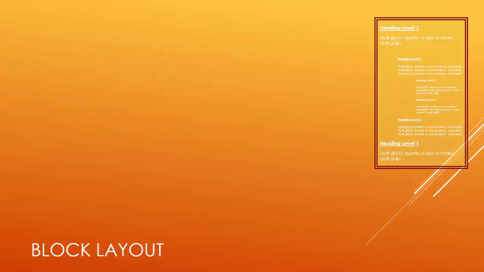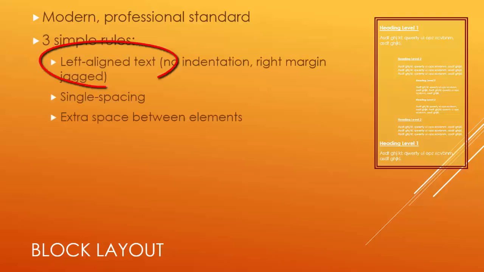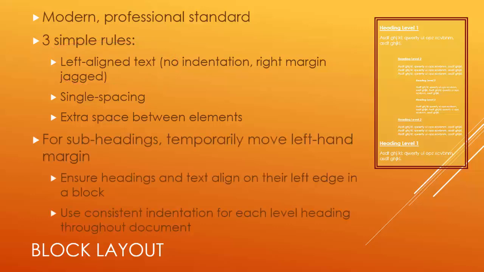Block layout. Most modern documents use block layout as the most professional, consistent formatting choice. Block layout has 3 very simple rules. This means that all headings should be lined up on the left-hand margin of the page along with their text. However, as mentioned earlier, one option to make sure that the various levels of headings are visually distinct is to temporarily shift that left-hand margin.